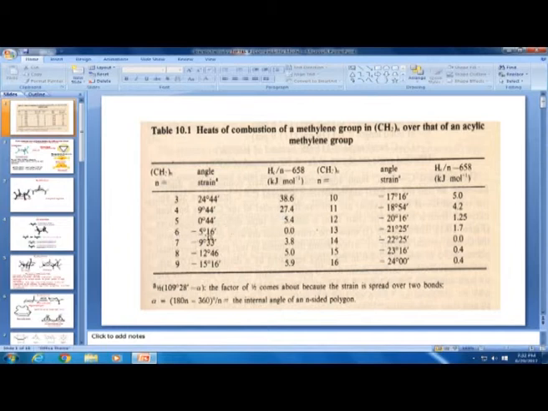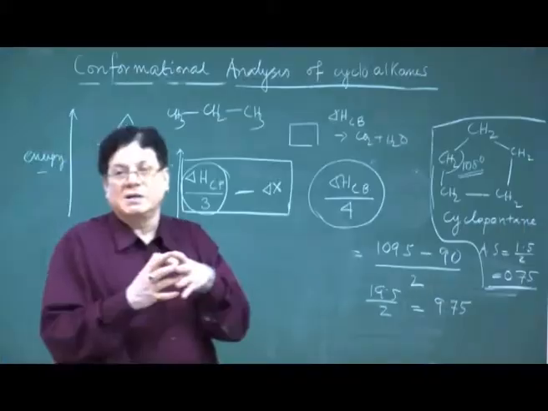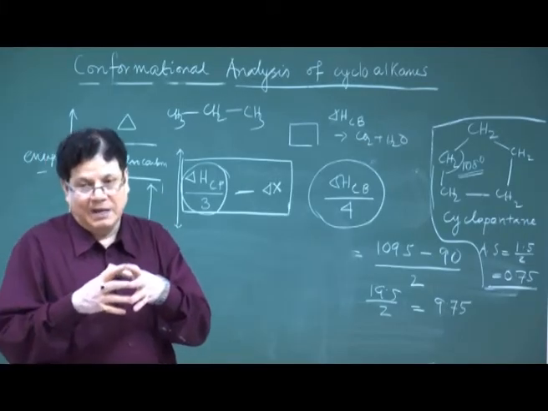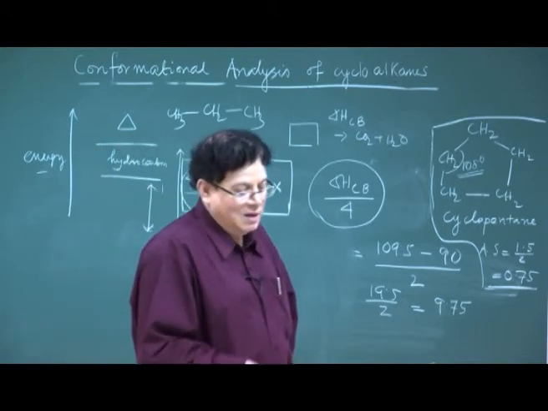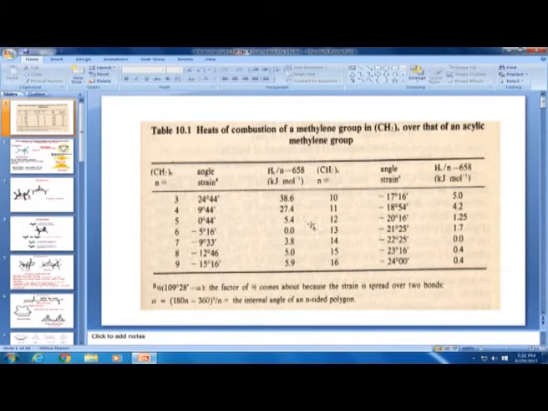In the case of cyclohexane, this is interesting, the difference is 0. That means the heat liberated per methylene in cyclohexane is exactly the same as in normal hexane. So, that immediately tells you this is the most stable system.